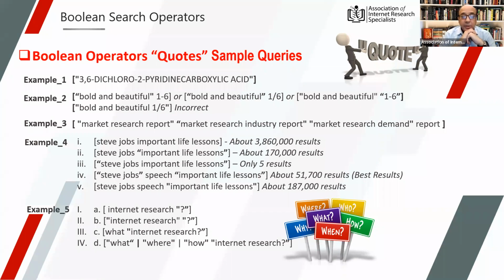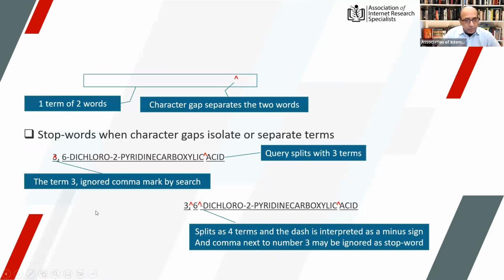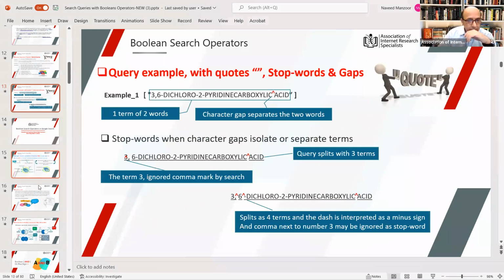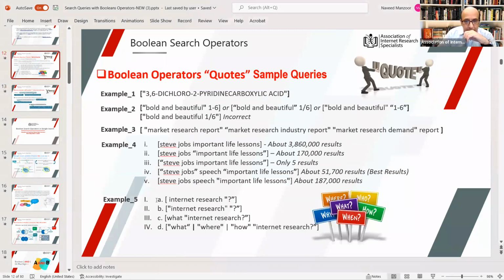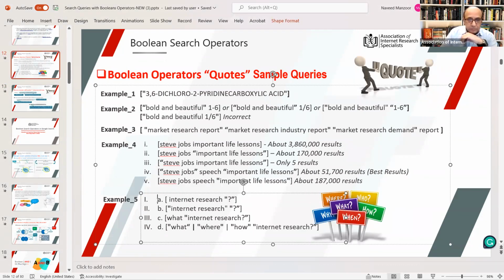So that's where the dilemma is. In A, what you could do is, for instance, where you are using two words, internet research. You can see what this search is trying to do. Give me a moment. I think this is where we need to fix something.